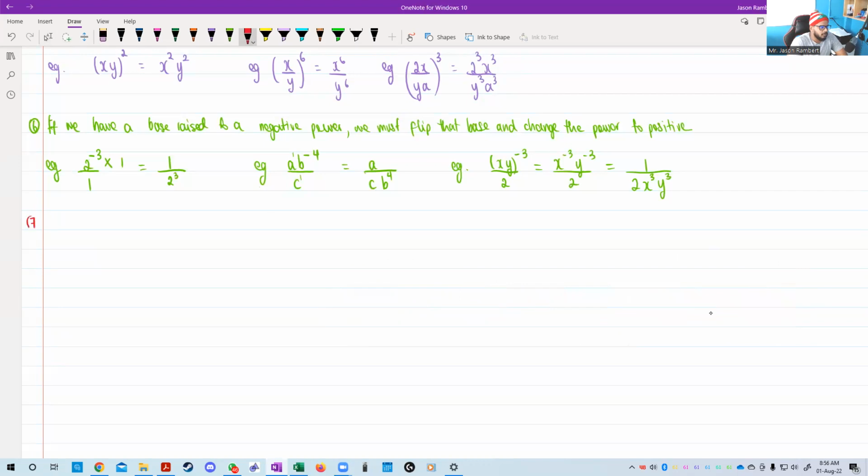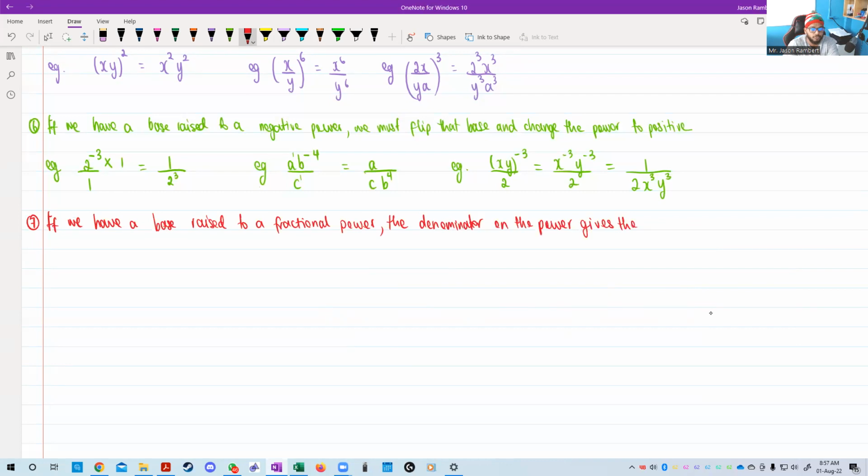And lastly, law 7 states: if we have a base raised to a fractional power, the denominator on the power gives the root of the base.